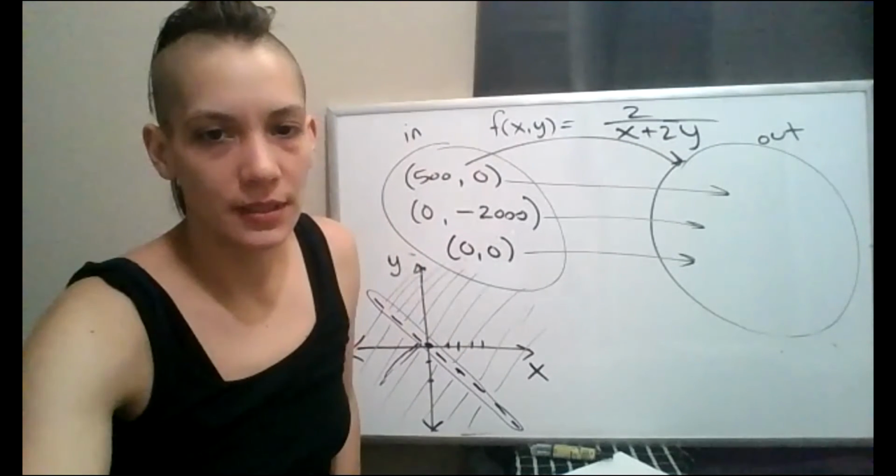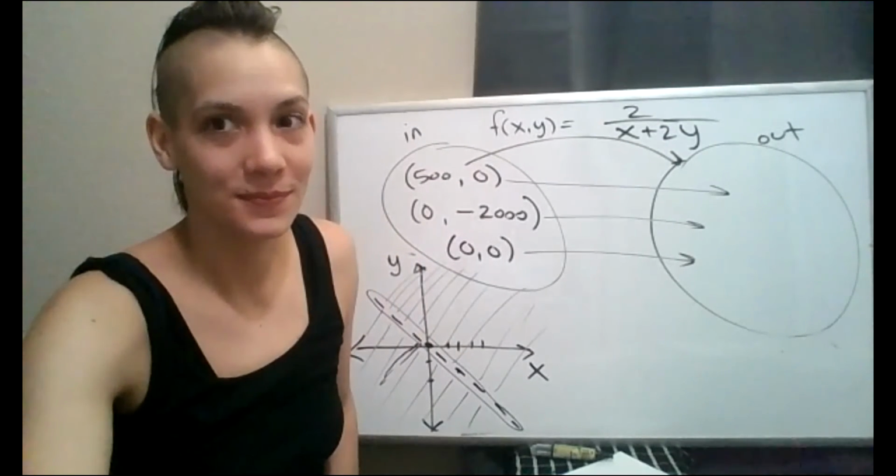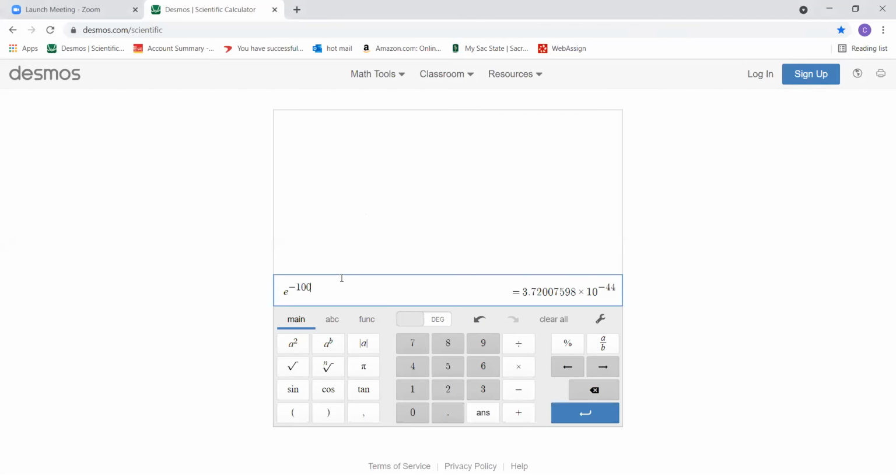So let's take these inputs, see what their outputs are, and work it out in Desmos. Oh, okay, well, it's cool. We're putting in our x and y's. x is going to be 500 to begin with, and then we're going to multiply y. That's 2 times 0. Cool.